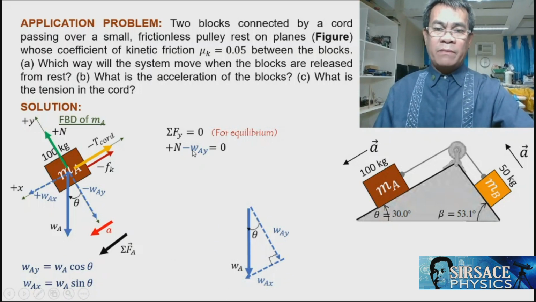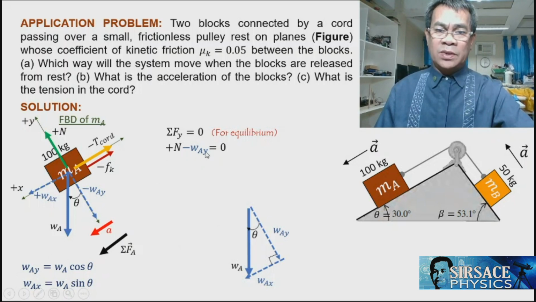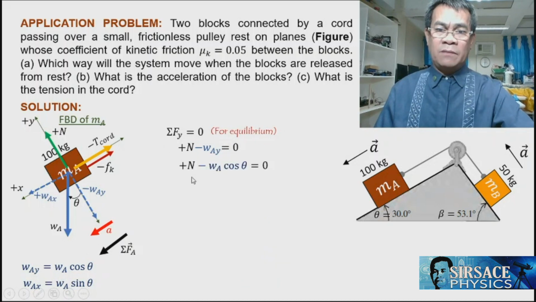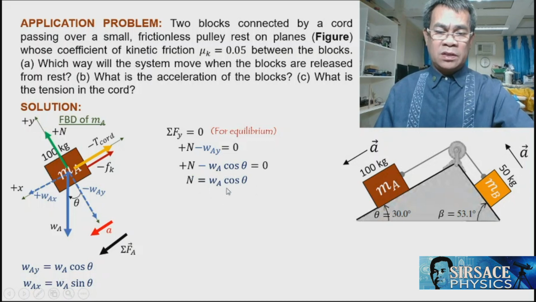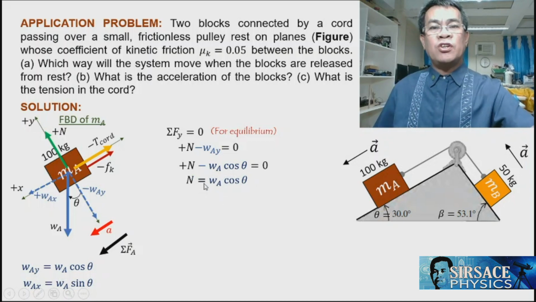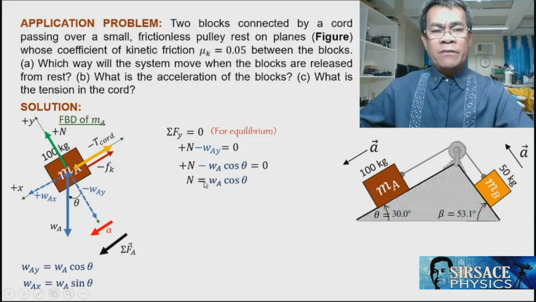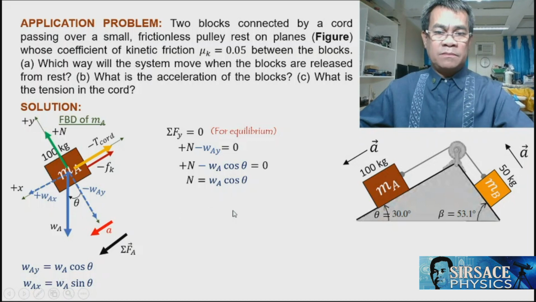So replacing WAY here with W cosine theta, then transposing, we are solving for the normal force. The normal force is equal to the weight times cosine theta.